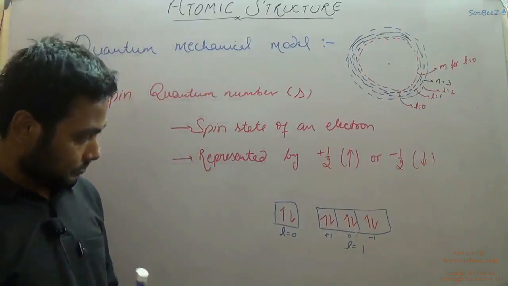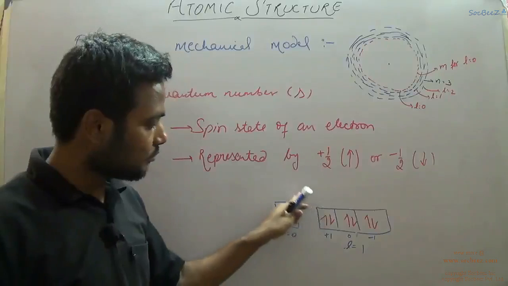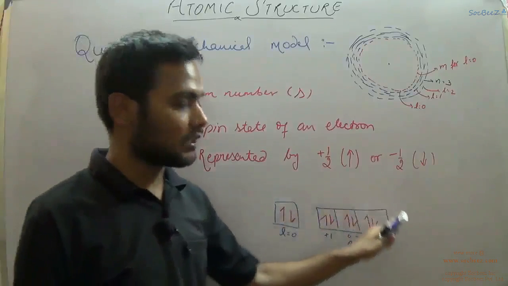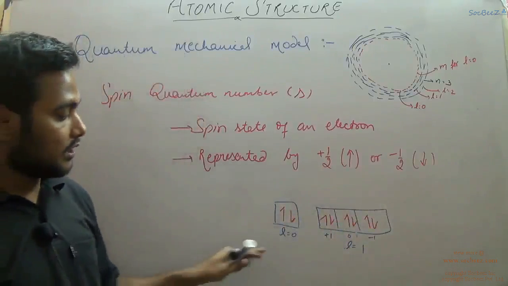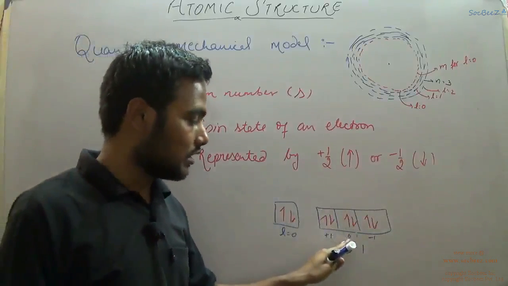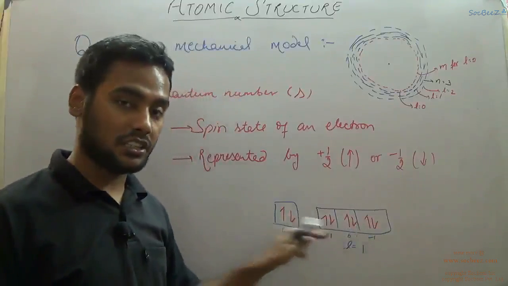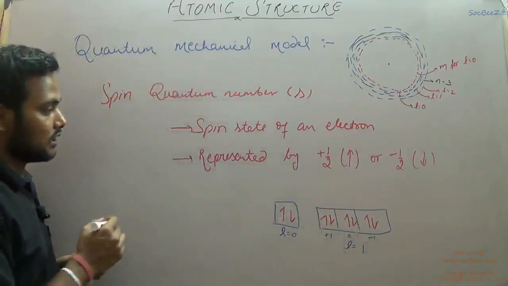Now, why have we written this orbital separately and these 2 orbitals separately? Because this orbital is of a particular energy and this orbital is of different energy than this one. But these 3 orbitals have the same energy. So the orbitals with the same energy are degenerate.